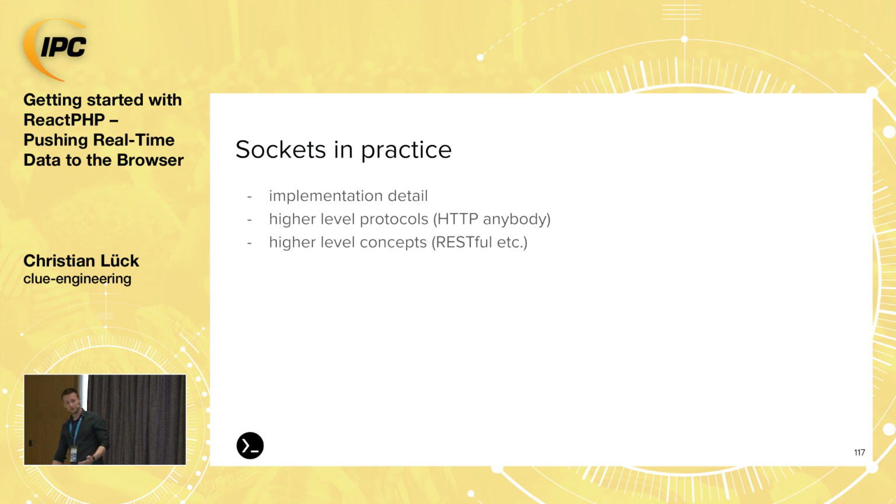Also, on top of these high-level protocols, you usually use some high-level paradigm like RESTful or some RPC-like things. So this is what you usually care about, and it's all abstracted away in higher-level applications, which you can use, of course. And also, this is often abstracted away in pre-existing software development kits providing you APIs, which just means you get a library, you just call a function, and you don't really care about what's going on underneath.